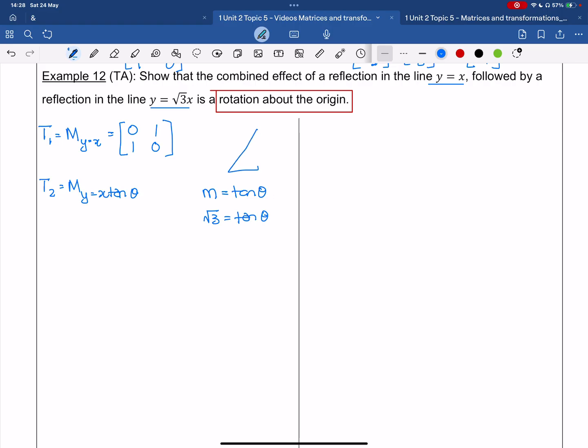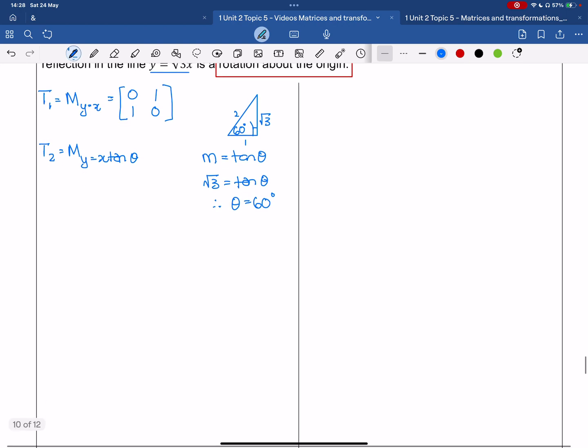And from our triangles, we know that tan 60 is equal to the square root of 3, so therefore theta is 60 degrees.